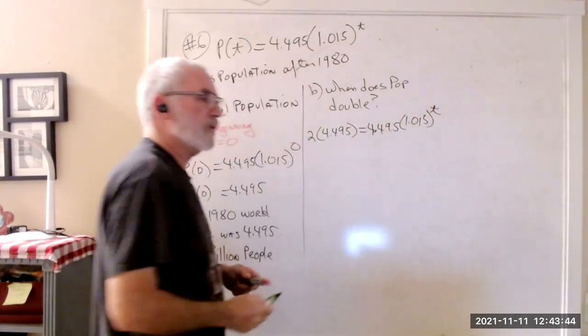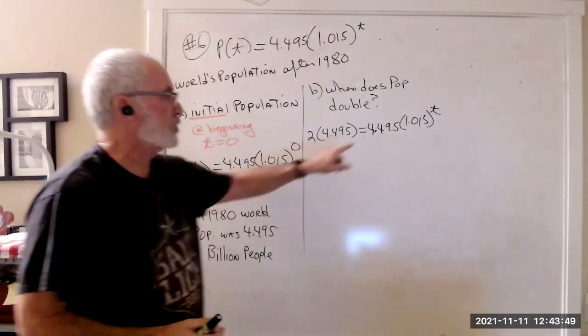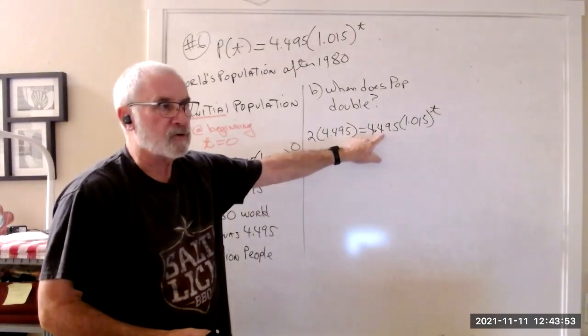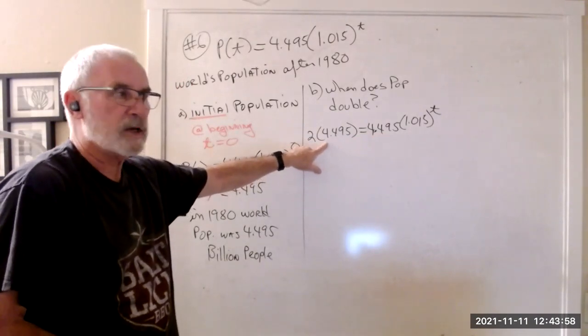Just like we did on the previous problem for the bacteria, the population starts at 4.495 and it keeps growing. Eventually it will be doubled. Sooner or later it will be doubled.